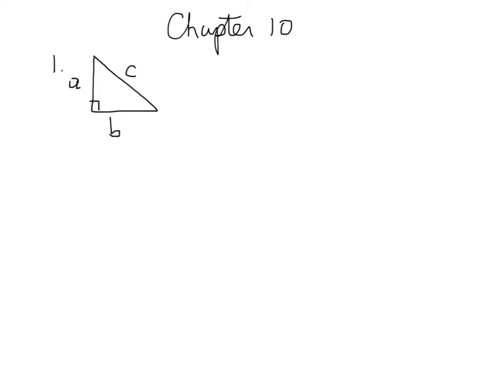In problems 1 and 2, we're dealing with right triangles, and I drew one there. And we know that a squared plus b squared equals c squared. So number 1a says if a is 28 and b is 35, what is c?